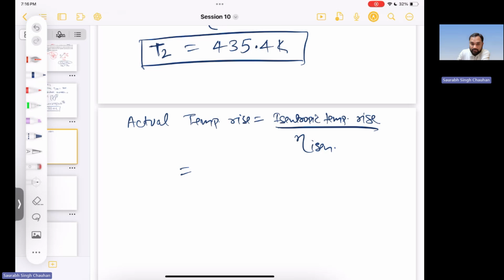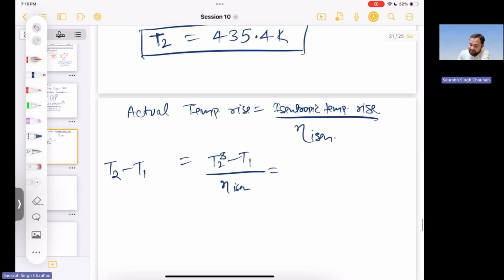So what is the isentropic temperature rise? How much has the temperature increased? T2 minus T1 divided by the isentropic efficiency, right? So let us make it S. This is the isentropic temperature rise. So T2 minus T1, this is the actual temperature rise. Okay. So this will be 435.4 minus (20 plus 273).